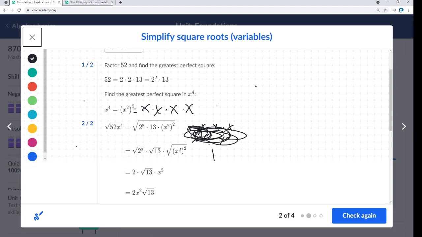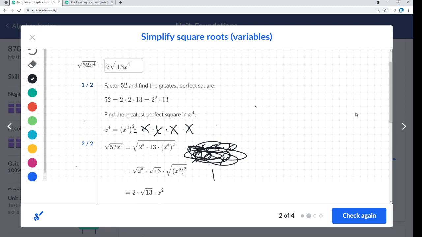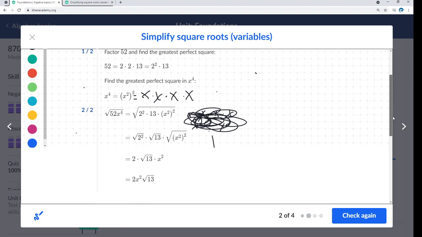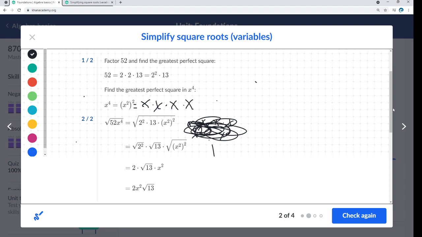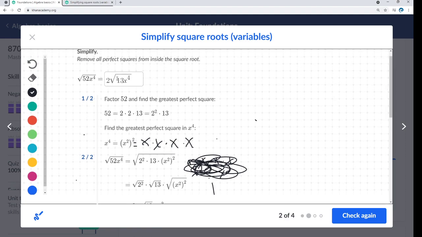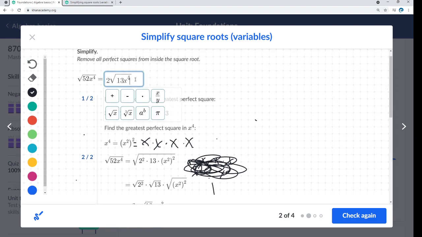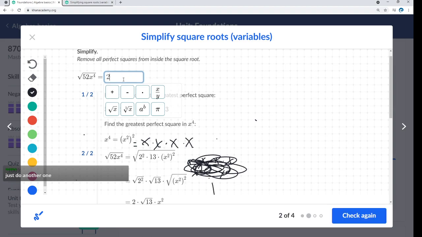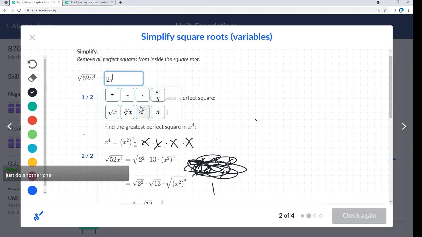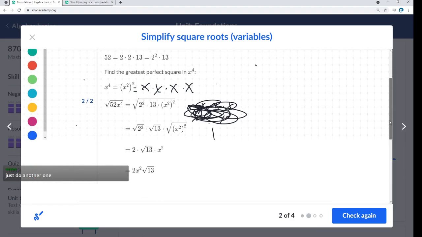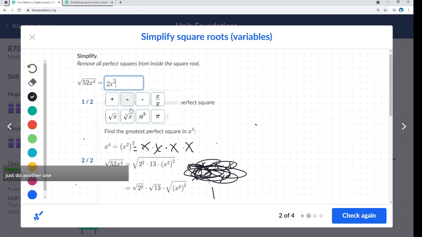Let's just try to get to the next one and try again. 2x to the second, x to the second, and square root of 13.